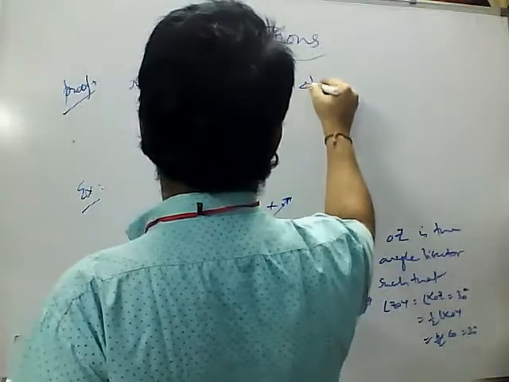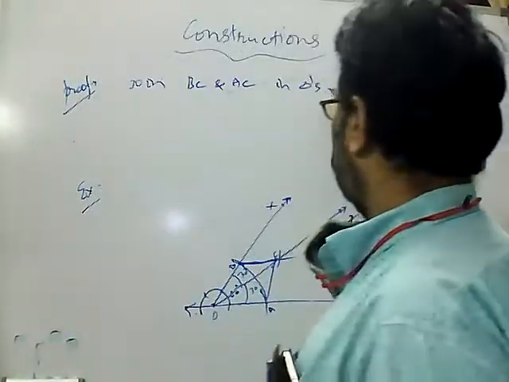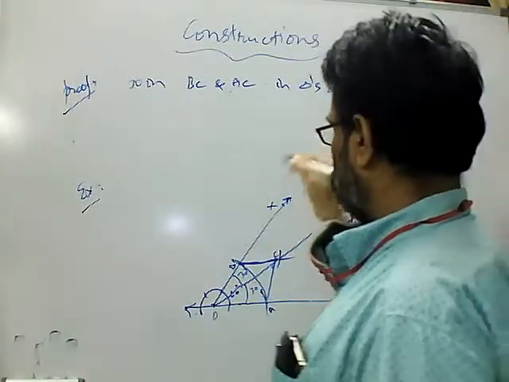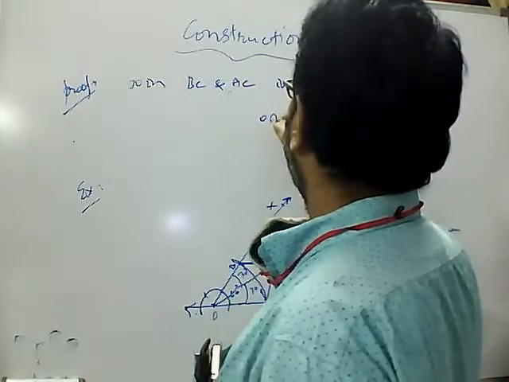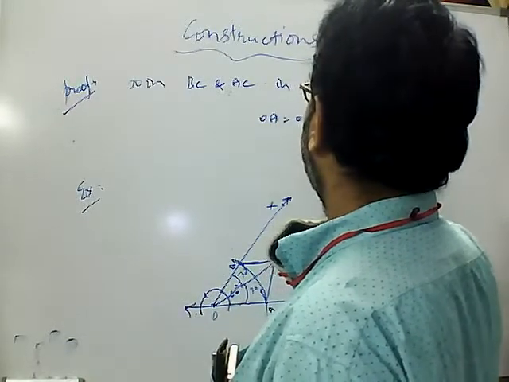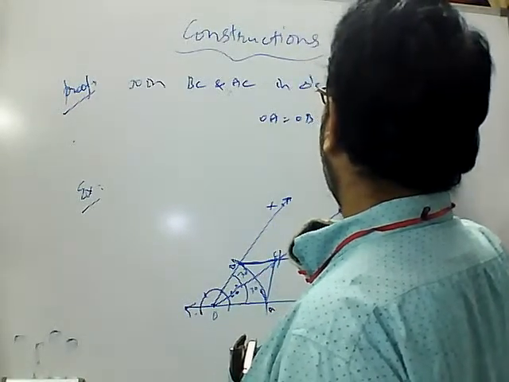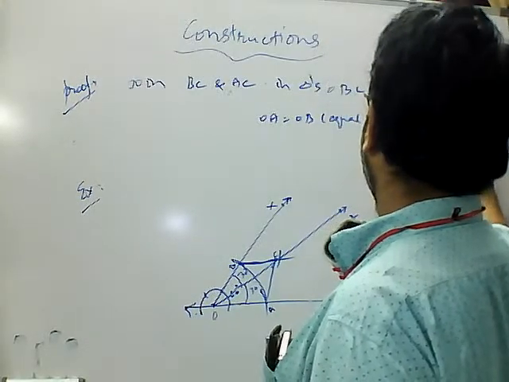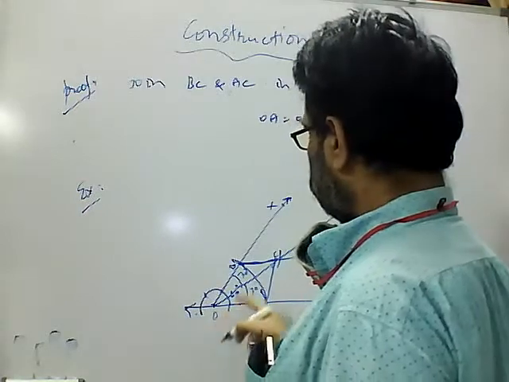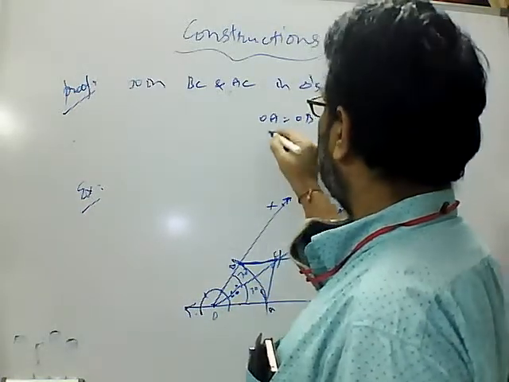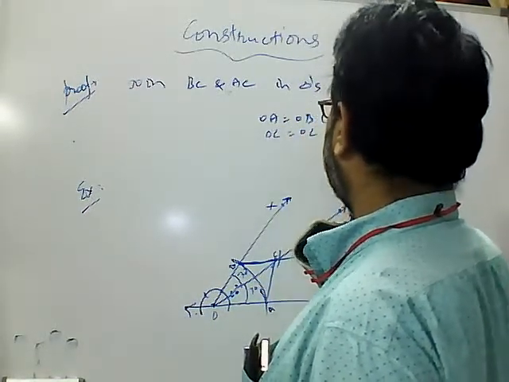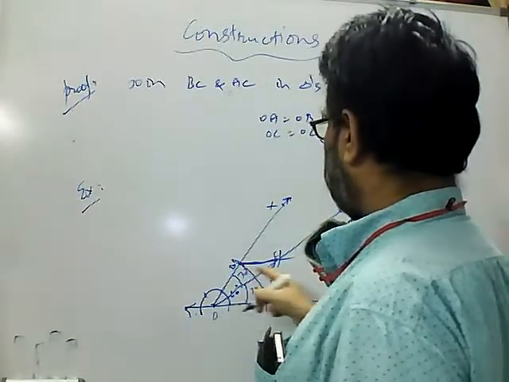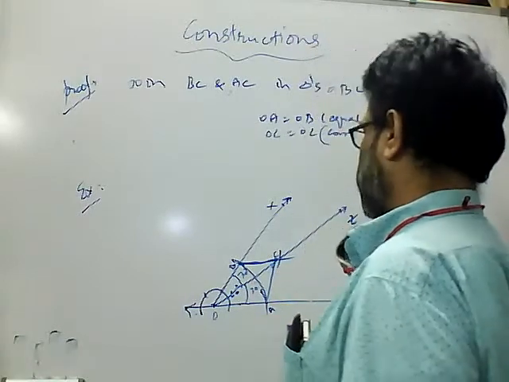In triangles now, OBC and OAC. There are two triangles. Because these radii are equal, OA is equal to OB, equal radii. We have cut the arc from O as arcs. Next, OC is equal to OC, common side for the triangles. And BC is equal to AC.